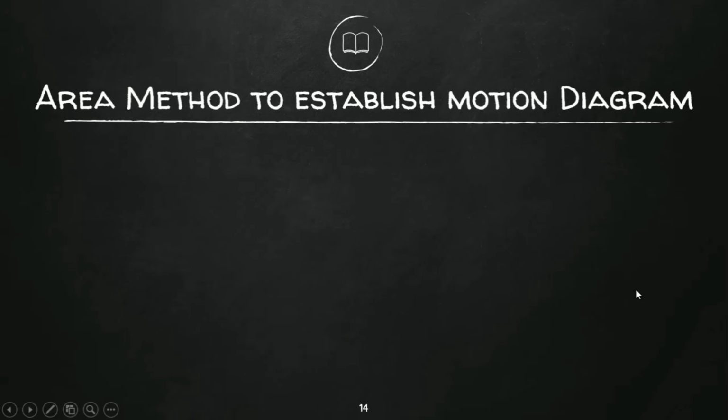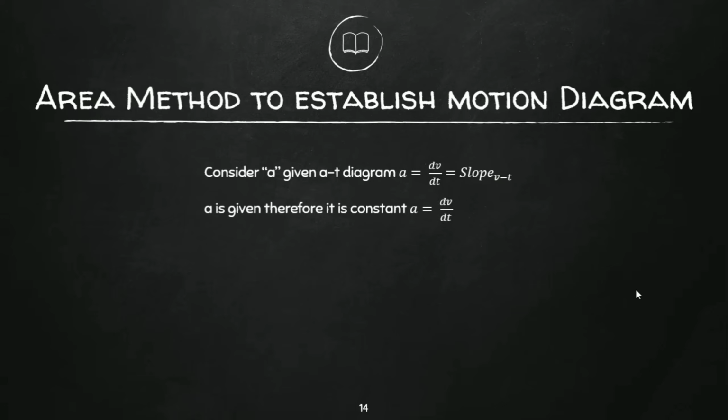Consider a given AT diagram. That acceleration would be equal to the slope of the velocity time graph. A is given, therefore it is constant. A is equal to dv over dt.